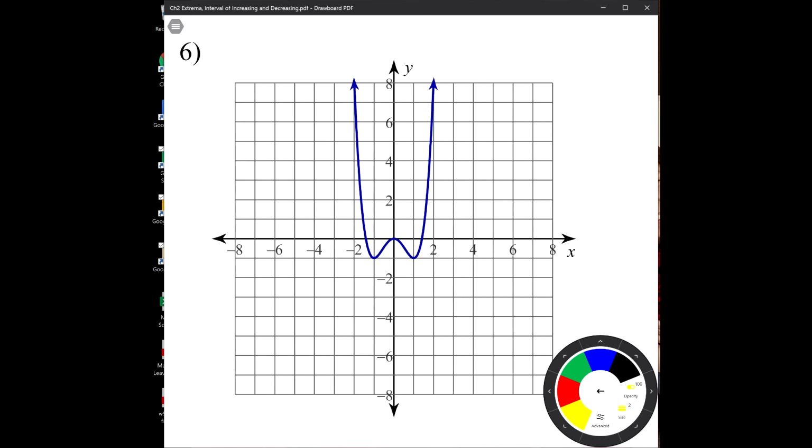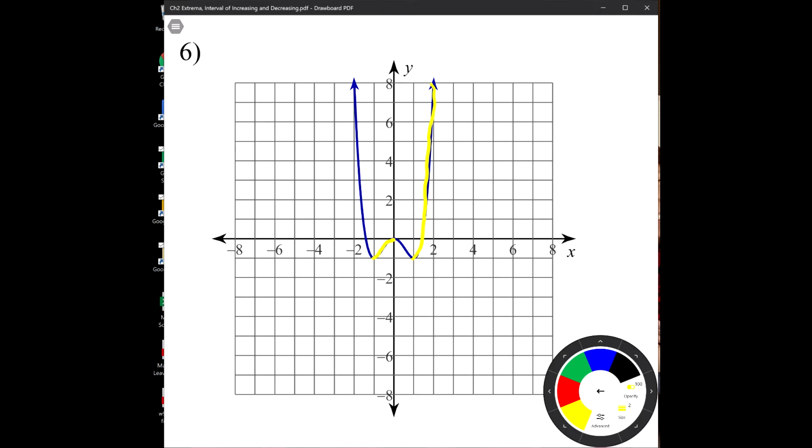All right, so for this one, first we talk about concave up, concave down. No, actually, interval of increasing and decreasing first. Sorry. So interval of increasing, I see that this part right here will be the interval of increasing, because if I draw any tangent line within this interval, I see my tangent line has positive slope.